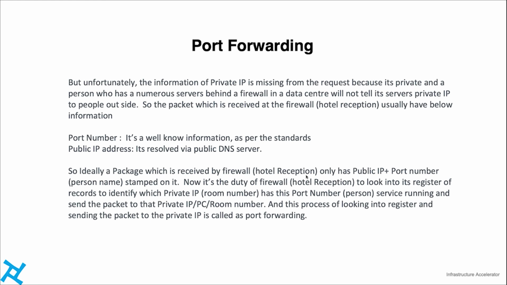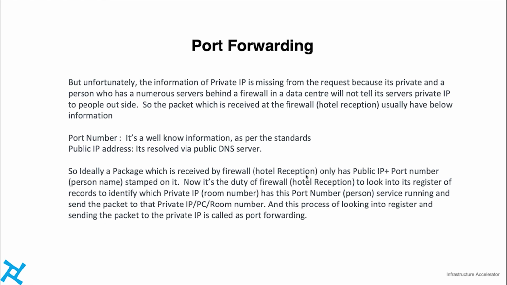Now it is the duty of the firewall, or once again the hotel reception, to look into its register of records to identify which private IP or which room number has this person or this port number running on it, and send the packet to that private IP, to that computer or to that room, so that the packet can be delivered to that port number or to that person.